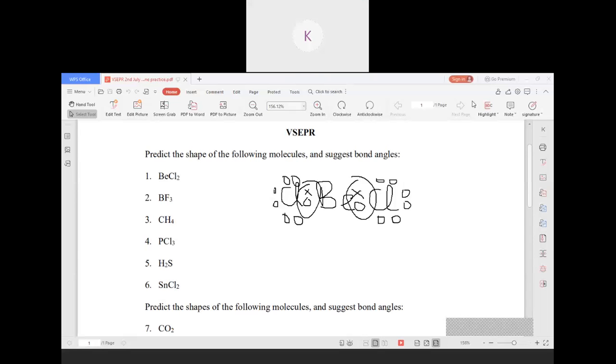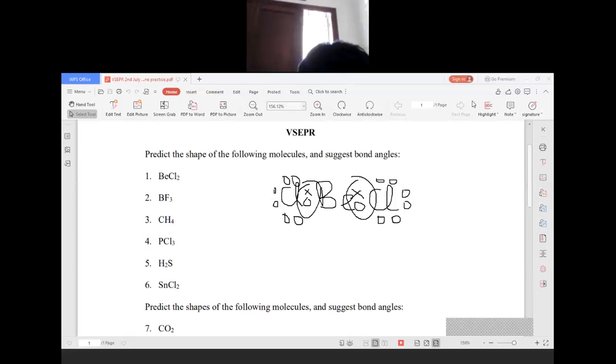I'm asking how many electrons are there, not how many electron pairs. How many electrons are there in the outermost shell of phosphorus?